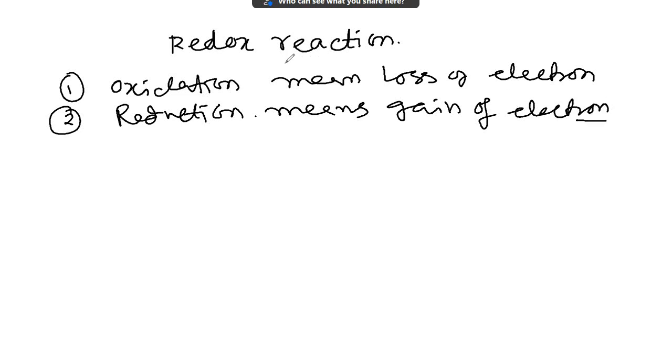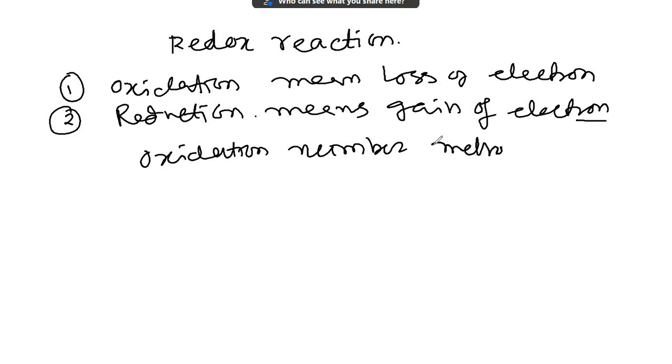In a redox reaction, oxidation and reduction take place simultaneously. For balancing such reactions, there are two ways. One is the oxidation number method. Next is called the ion electron method.